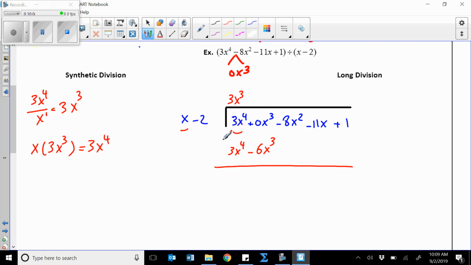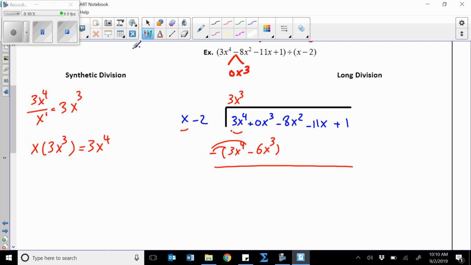If I want to subtract, I need to put a subtraction sign here. As we have learned before, if I want to subtract one polynomial from the other, this negative should be distributed to both of these. So as I distribute, the signs will change. This will be negative and the negative 6x cubed will be positive.